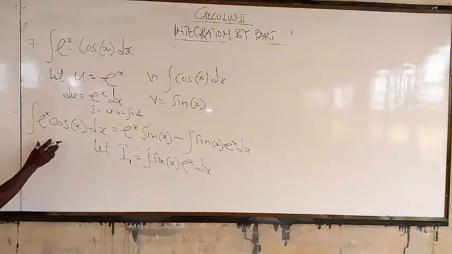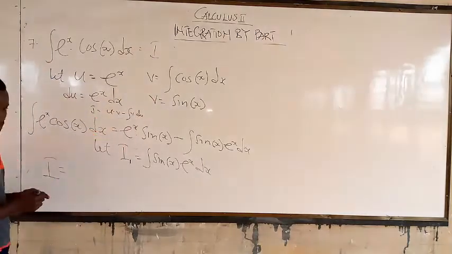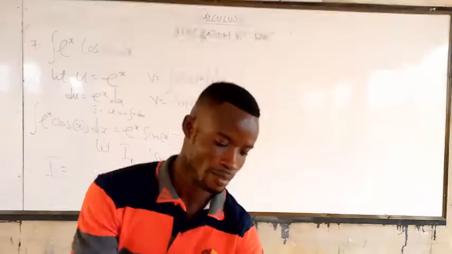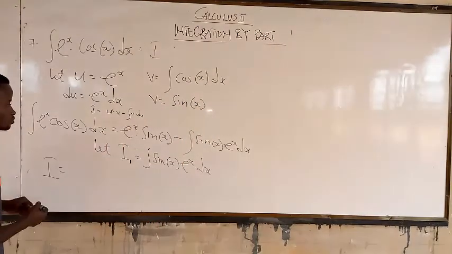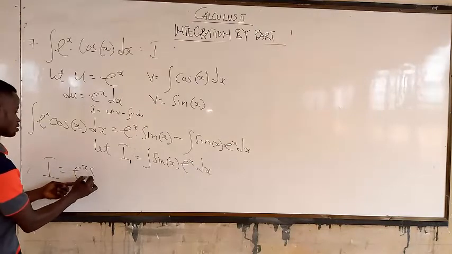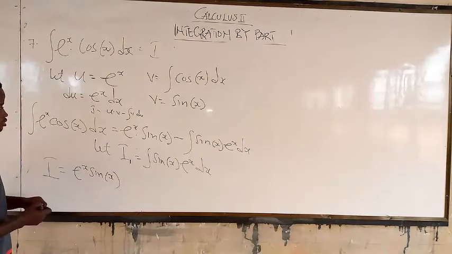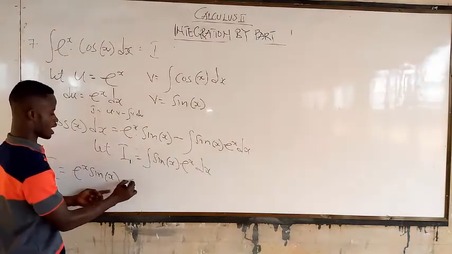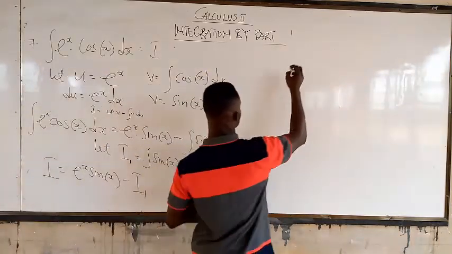Therefore, the whole of this, which I'm representing by I, is going to be e raised to the power s sine s minus I1.